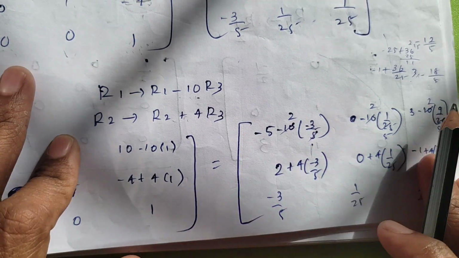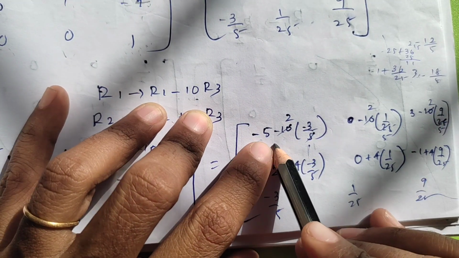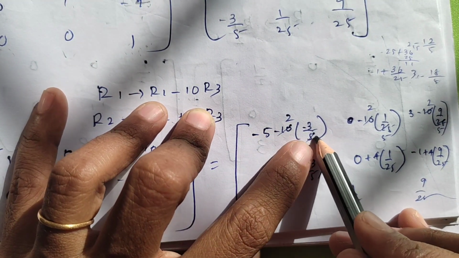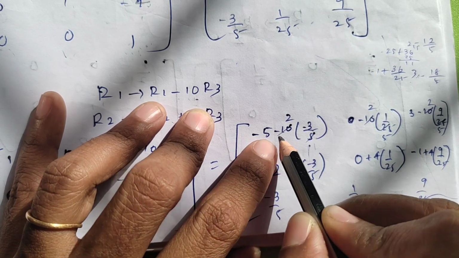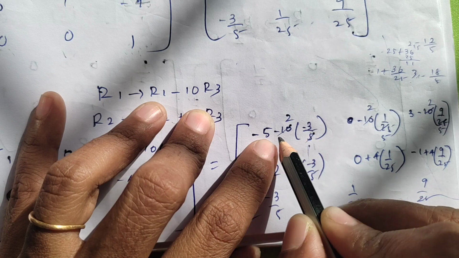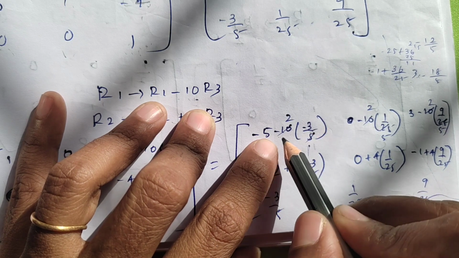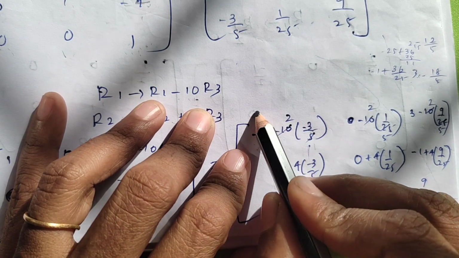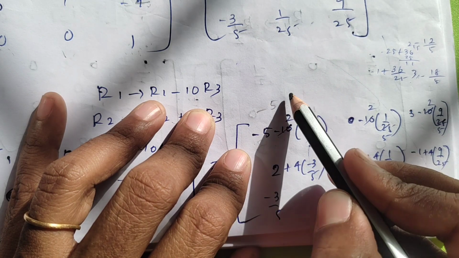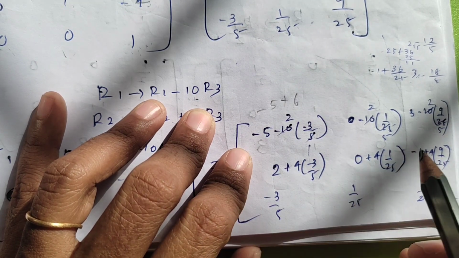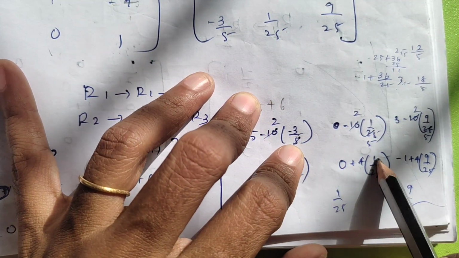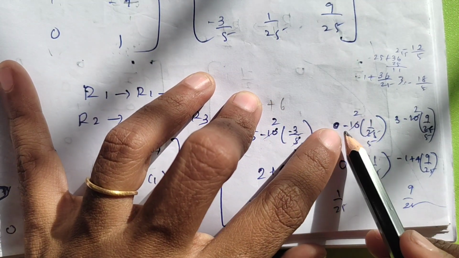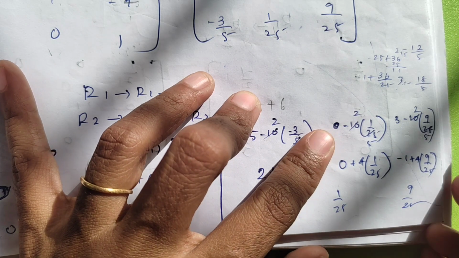Now on simplification, minus 5, 10 and 5 get cancelled, we'll be having 2. So minus 5, minus into minus, plus 2 into 3, 6. So minus 5 plus 6. Again here 0 minus 10 by 25. On cancelling we'll be getting minus 2 by 5.